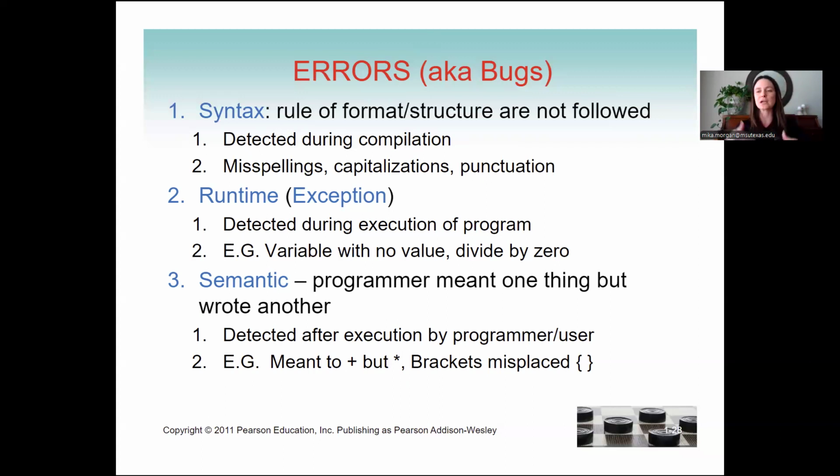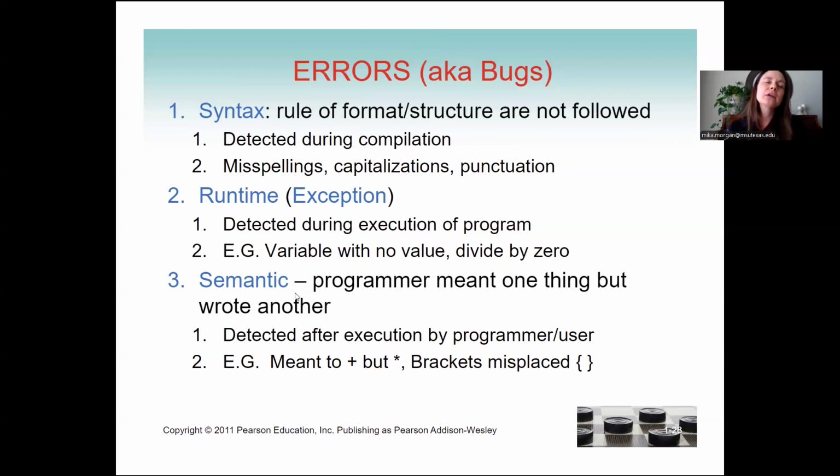But when the computer tries to actually do it, there is no way to divide by 0. That's an impossible task, and so the computer would crash out and give a runtime exception. I tried to execute what you gave me, but I couldn't.